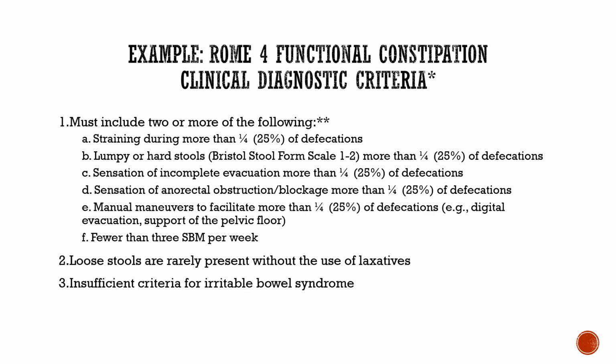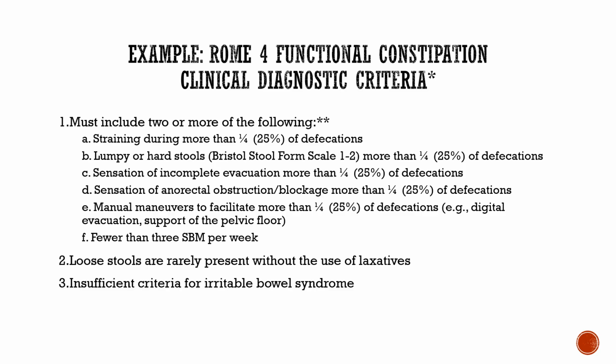This is an example of the Rome 4 criteria for functional constipation. These criteria have to be present for at least 8 weeks, and you can see them. Two or more of the following: straining during defecation, lumpy or hard stools according to the Bristol stool scale, and I've included that in this PowerPoint presentation.